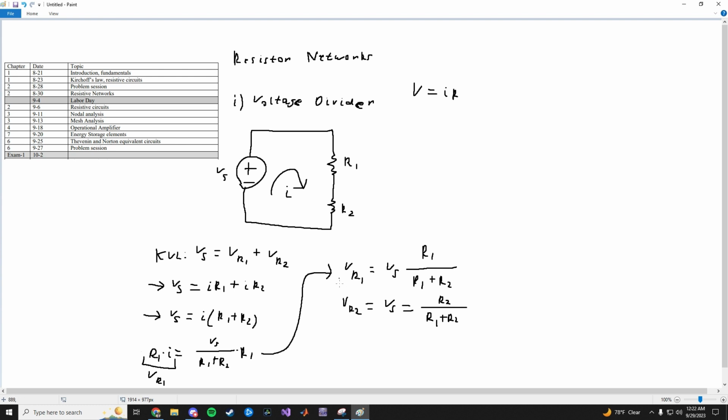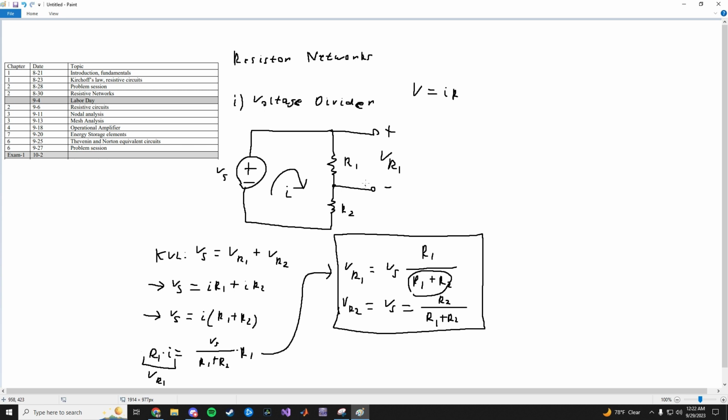So notice the structure of the voltage divider: if you want to find the voltage across R1, this voltage here, VR1, it's simply the resistor you're looking at, R1, divided by the sum of the two resistors, multiplied by the input voltage. And that's how you find the voltage across each of these resistors.